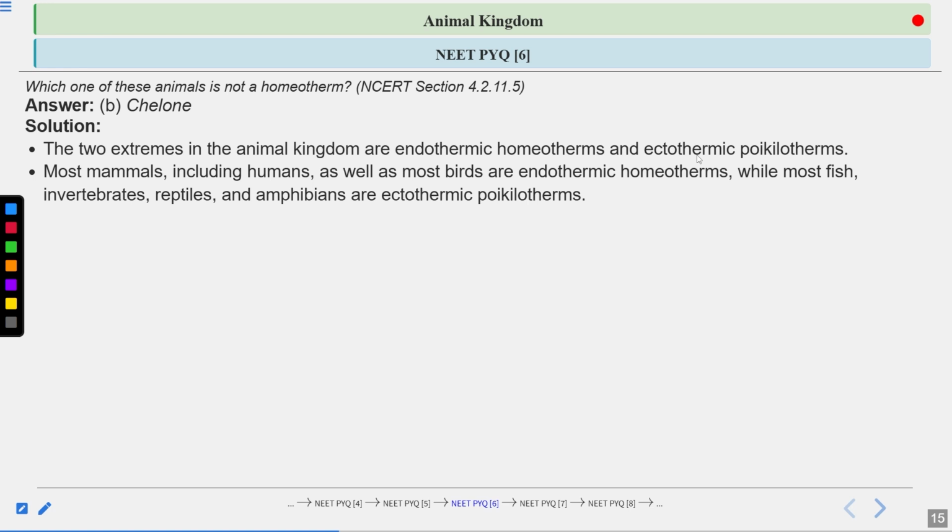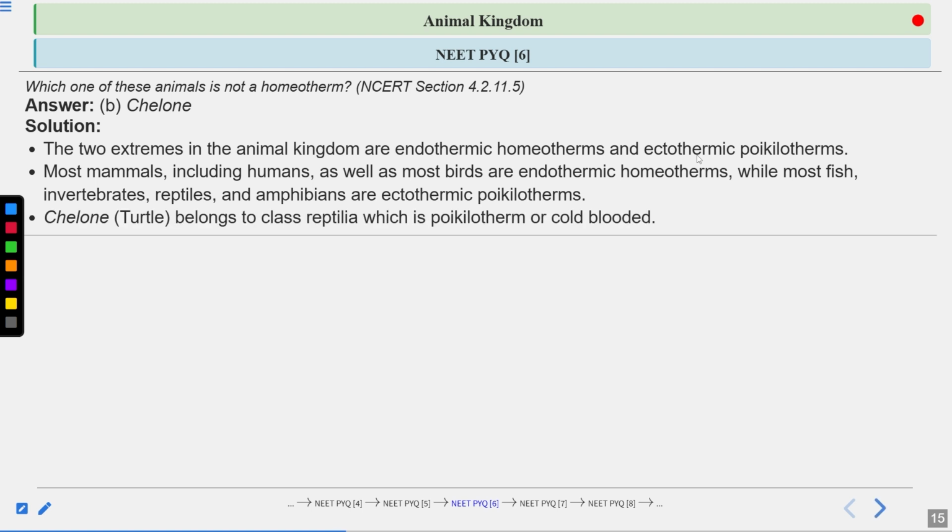Most animals, including humans as well as most birds, are endothermic homeotherms, while most fishes, invertebrates, reptiles, and amphibians are ectothermic poikilotherms. Chilone means turtle, that is the reptilia, which is a poikilotherm or cold-blooded. So this is the correct answer.